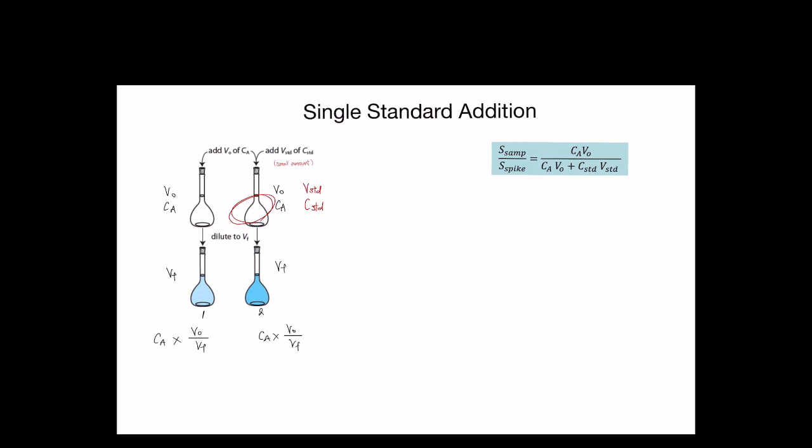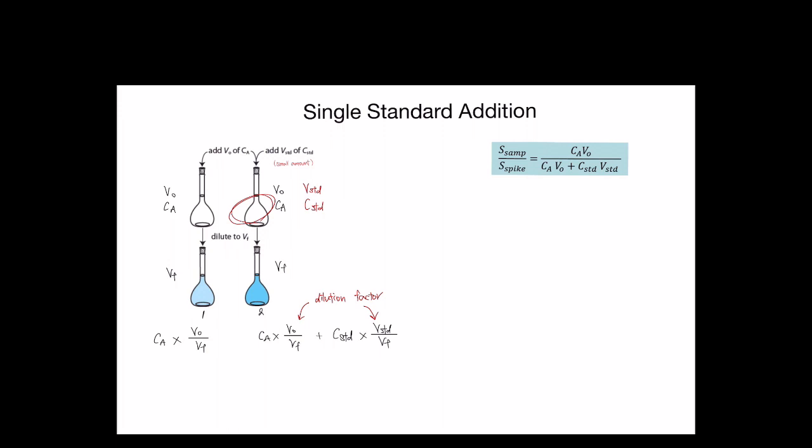This is a dilution factor, so I'll write that down as dilution factor, plus the concentration of the standard, CSTD times VSTD over Vf. So this is also a dilution factor.